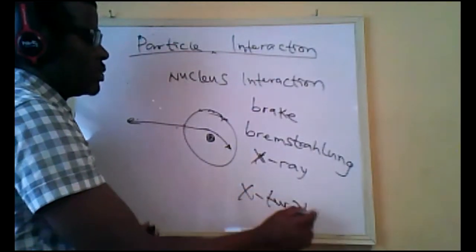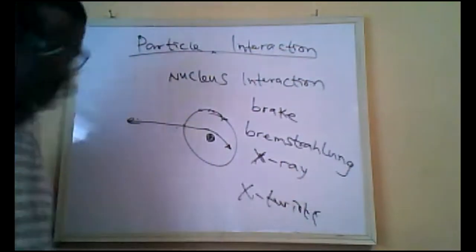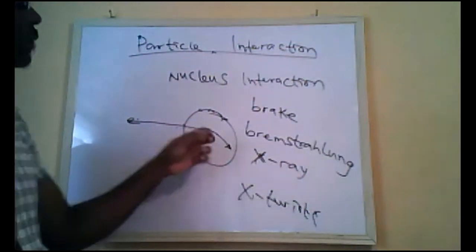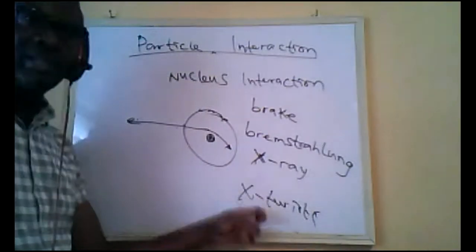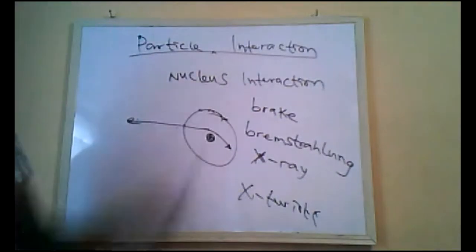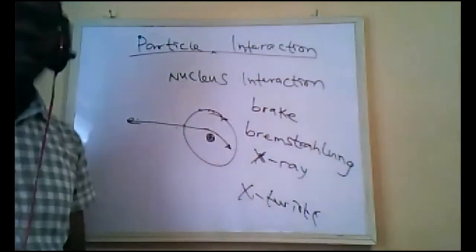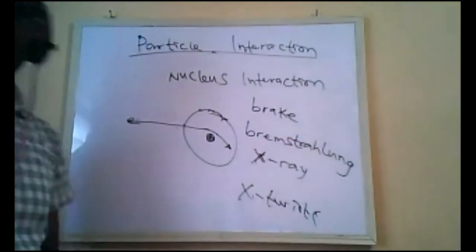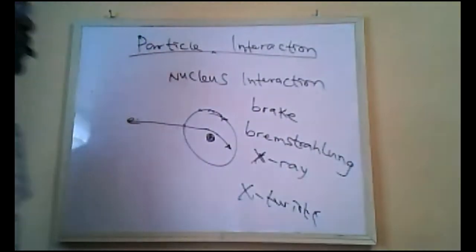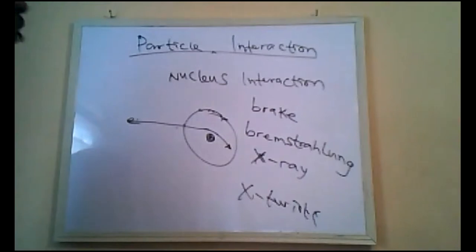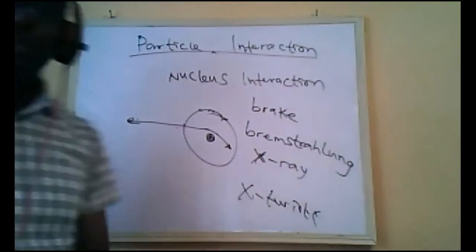Characteristic X-ray, in the sense that this X-ray originates from the nucleus, whereas this characteristic X-ray originates from the orbital electron. We're going to get more of this when we enter the next topic, which has to do with X-ray production.